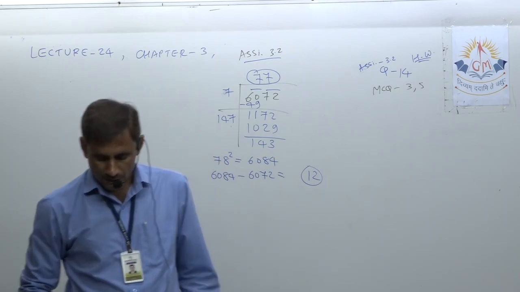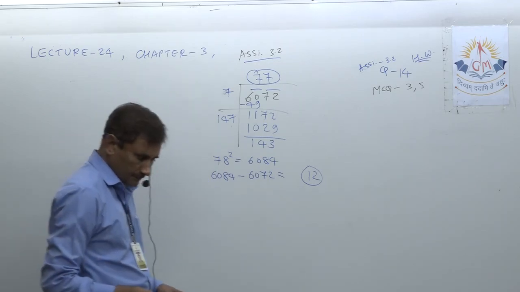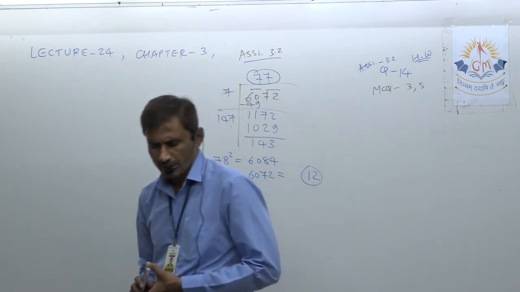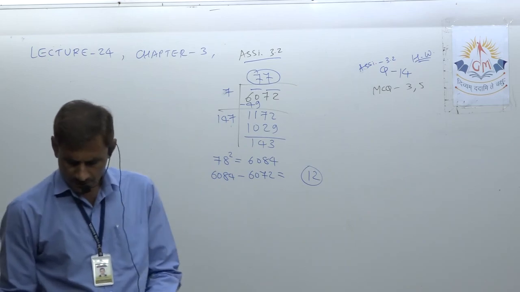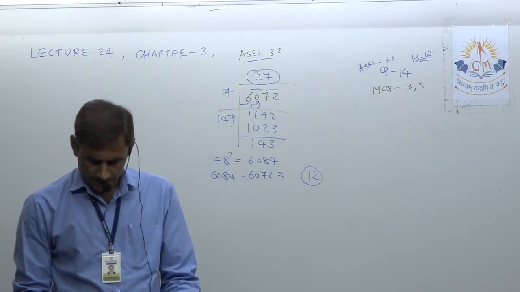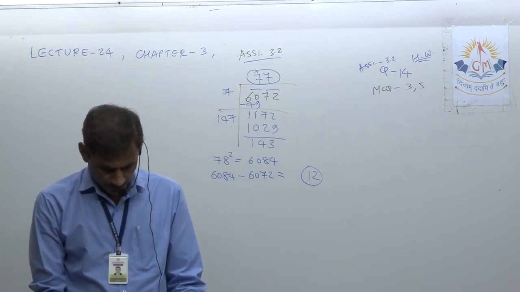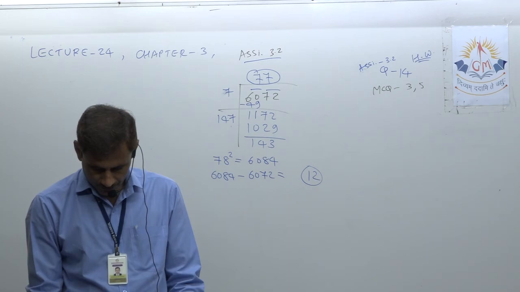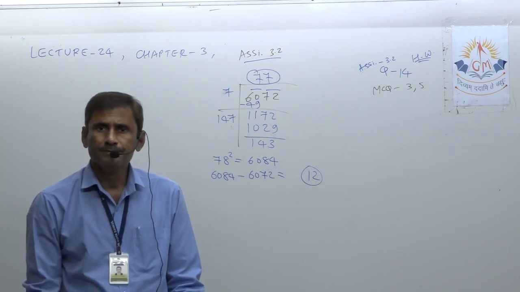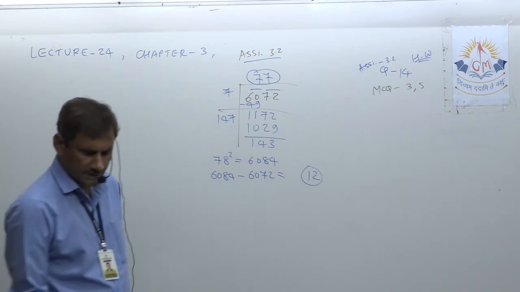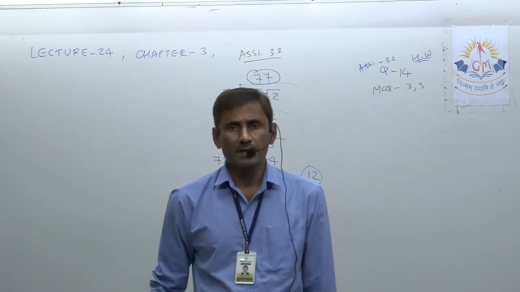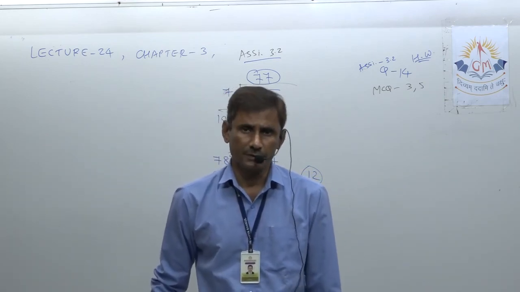Okay, students, now let's end today's lecture here. I think we should practice a few sums, no problem. Okay, no matter. We will see in the next lecture and start the next assignment 3.3.